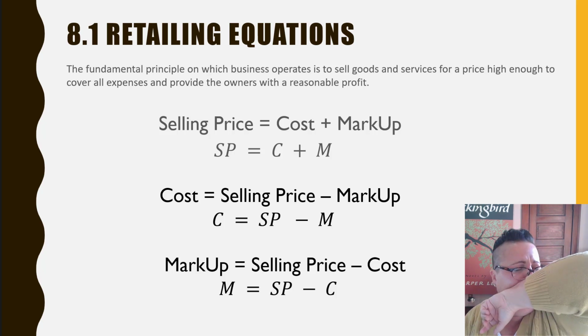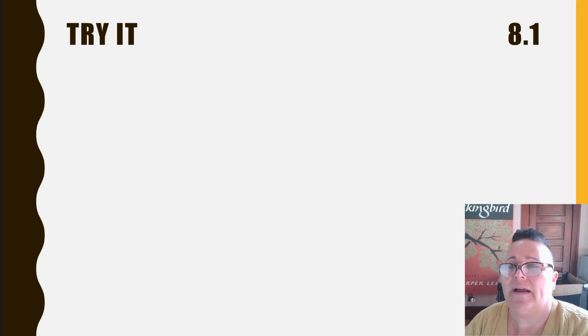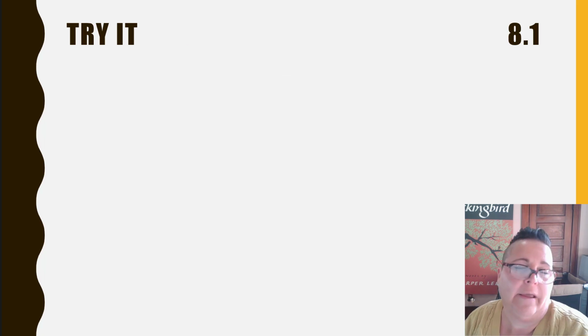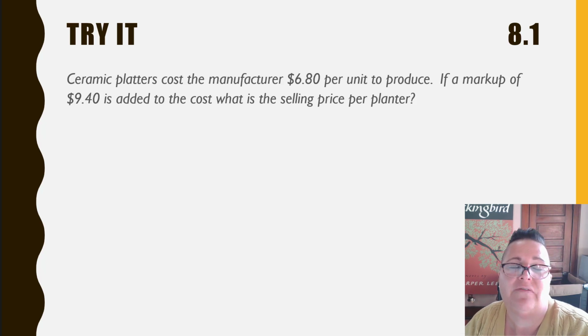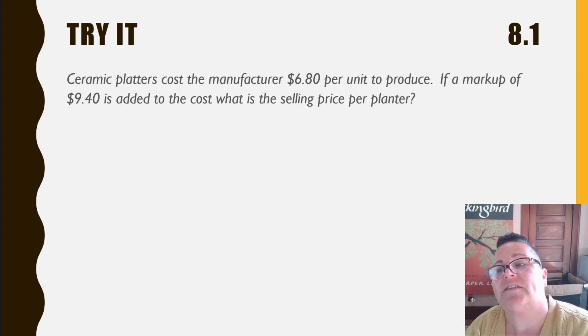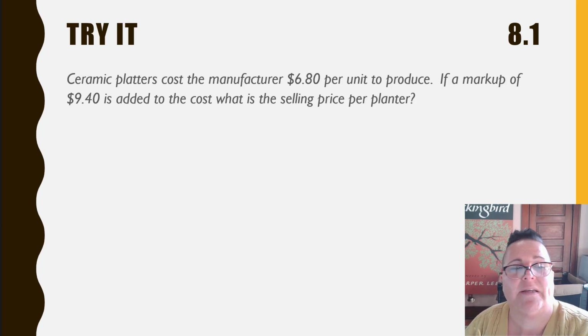All right, so a couple of relatively quick problems. First problem is ceramic platters cost the manufacturer $6.80 per unit to produce. If a markup of $9.40 is added to the cost, what is the selling price of each platter?